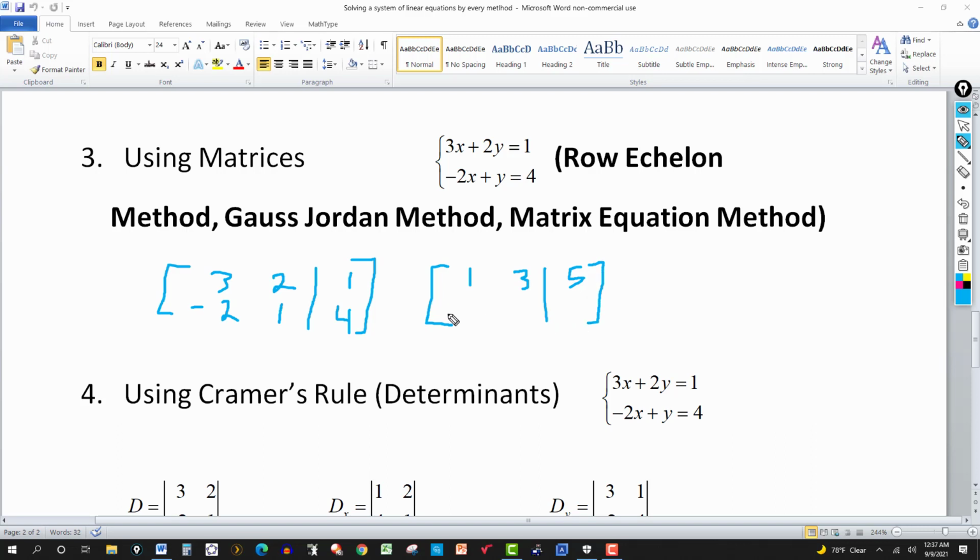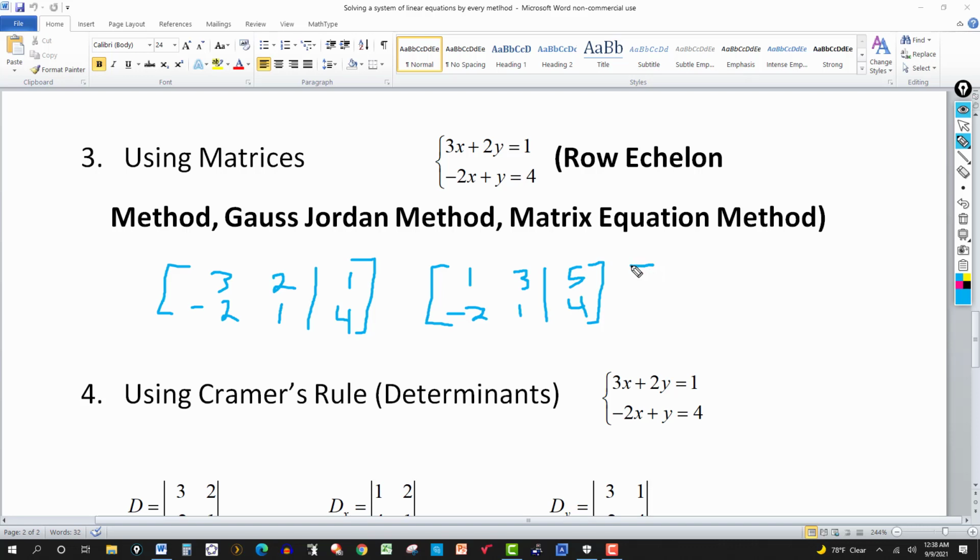Okay, and then for now I'm going to leave the second row the way it is. -2, 1, 4. See, that's the equivalent of multiplying the first equation by a number and adding to the second, or multiplying the second equation by a number. In this case, it's the second row, so the second equation is multiplied by something and added. Okay, so then I get this. So all I did here is add the second row to the first. And that's what I got.